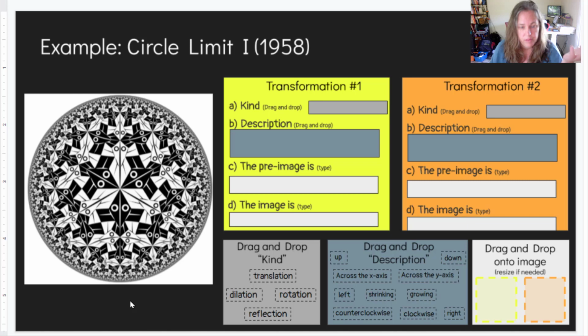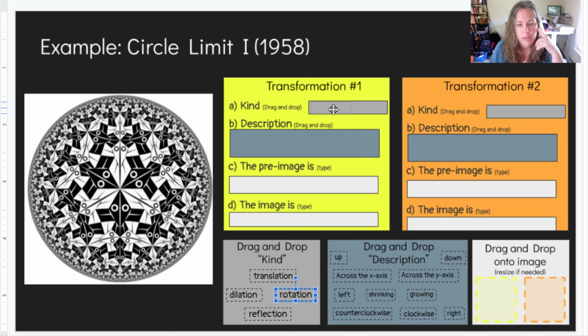For transformation 1, I am going to do the rotation. We're going to drag and drop the kind of transformation that I want to highlight. So I'm going to slide rotation up here, and say we're looking at the rotation.